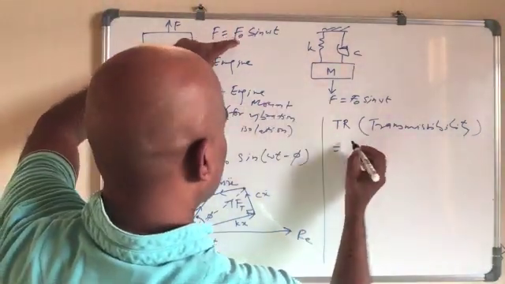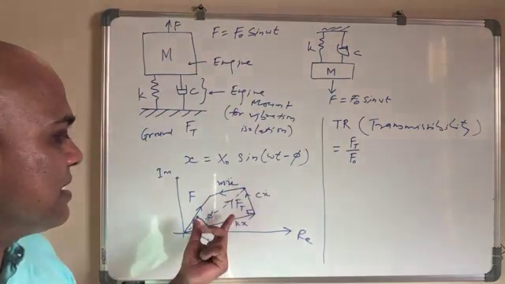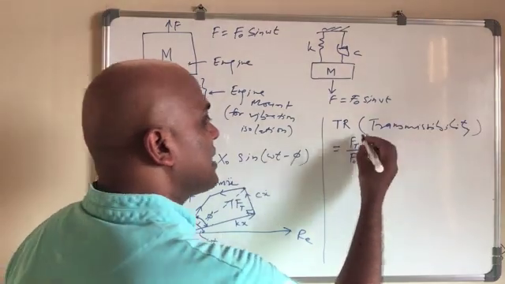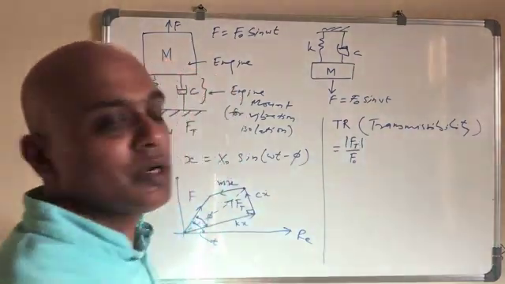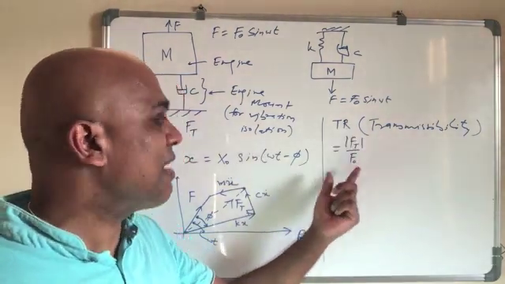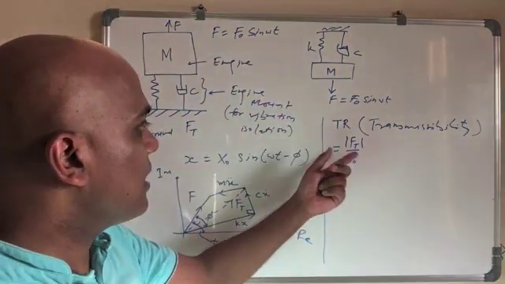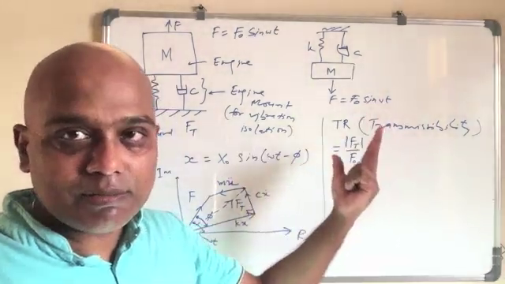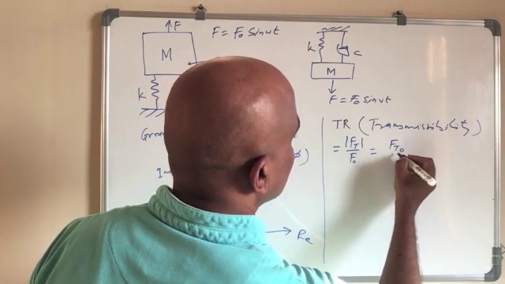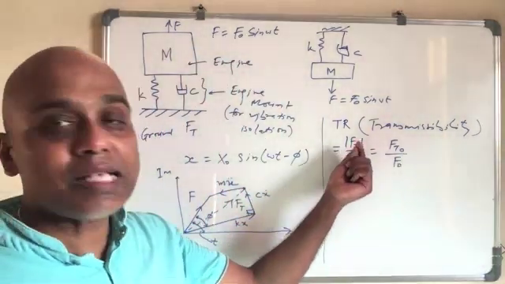It is Ft over F naught, the magnitude of the transmitted force divided by F naught. F naught is the magnitude of the excitation force. So we have to find out this one. Or let's call it Ft0 divided by F naught, where Ft0 is the magnitude of the transmitted force.